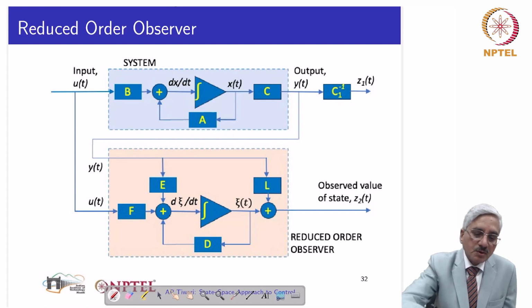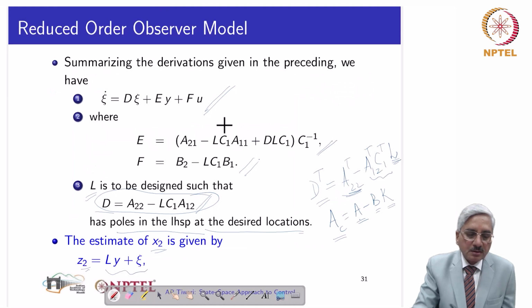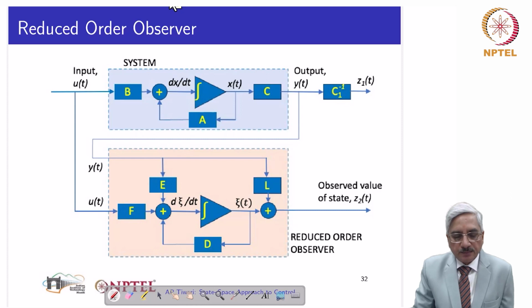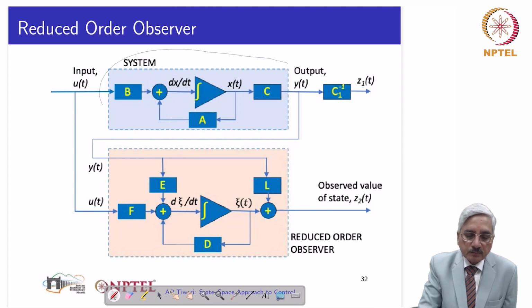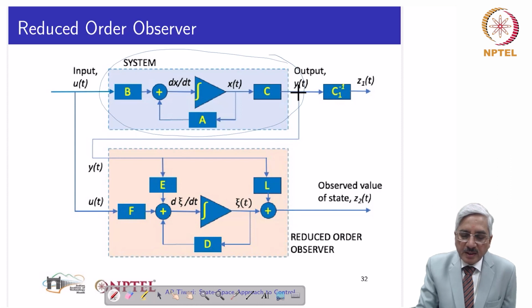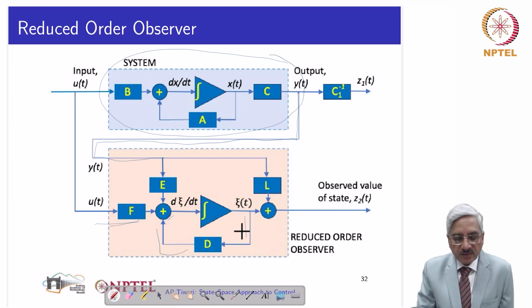Now this diagram shows this reduced order observer through the state diagram. So this is the system. This is familiar to us. Now what we have done, we have picked up the Y, the output of the system, and E into Y is entering this adder. There F into U is entering as well as D into xi enters.